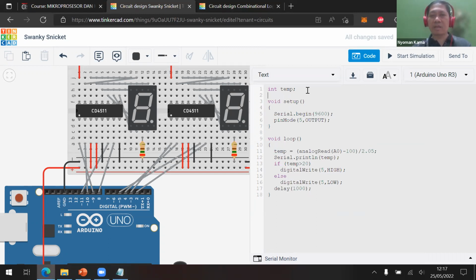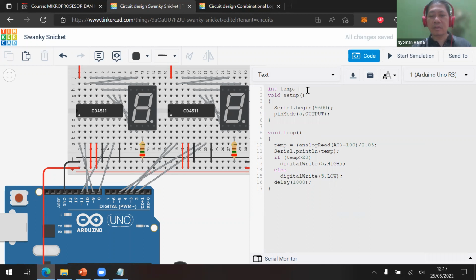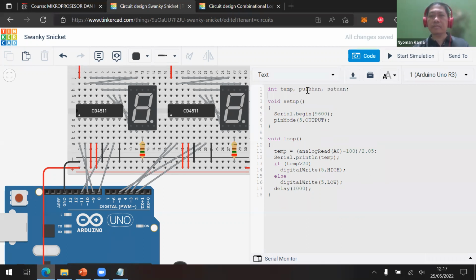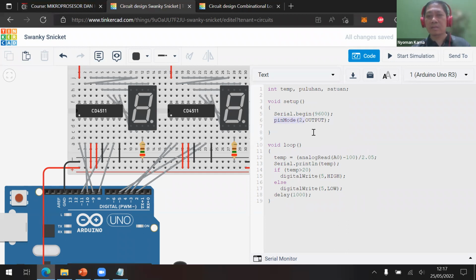So then we need puluhan. Okay, so just use this one. Satuan. Then we actually don't need to, but that's okay. Let's do this.